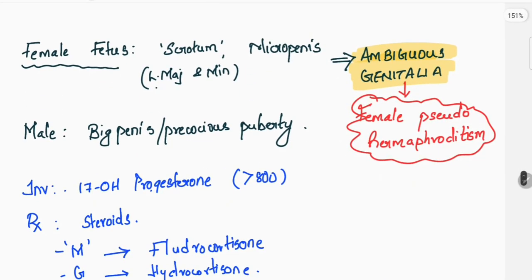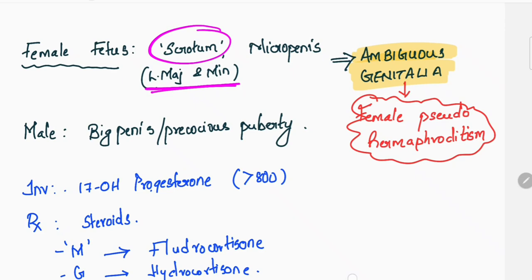In female kids, the labia majora and the labia minora will fuse together to look like a scrotum. So when the female fetuses with CAH are born, we see a scrotum, but actually it is not a scrotum. It just looks like a scrotum because the labia majora and minora have fused.